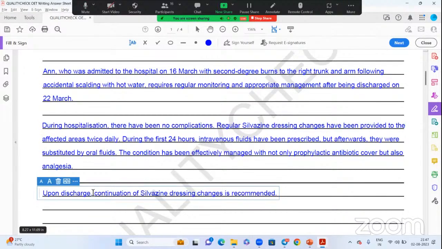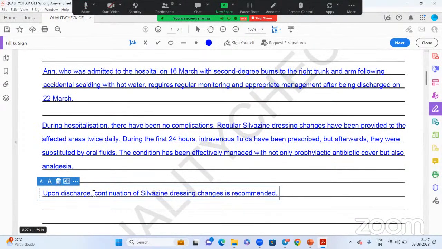So this is the way you have to write. What is started there is going to be continued. Only silverine dressing changes is repeated. Or you can avoid repeating the words, so you can just remove them. Continuation of silverine dressings is recommended. So the next one.